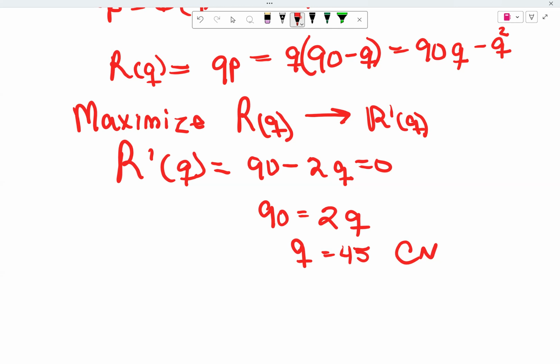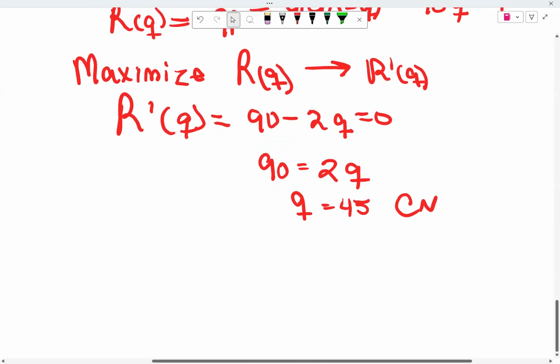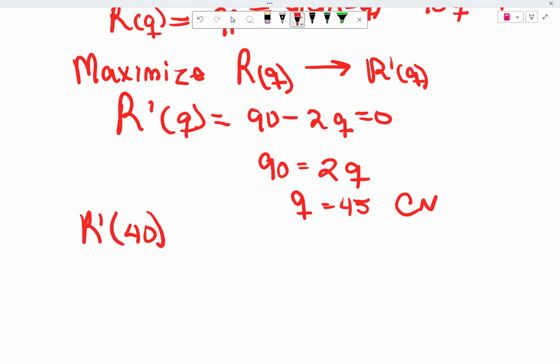So if that's the case, then let's use a value on both sides of that. Let's look at that first derivative at a value of 40 and see what we get. And let's look at that first derivative at a value of 50, which obviously 45 is right smack in the middle. And you could see that for this value, we have 10.